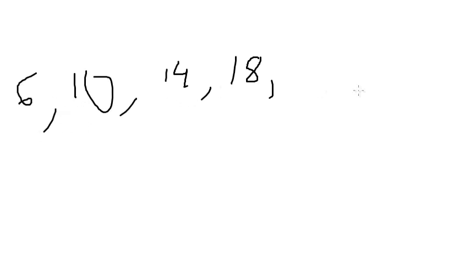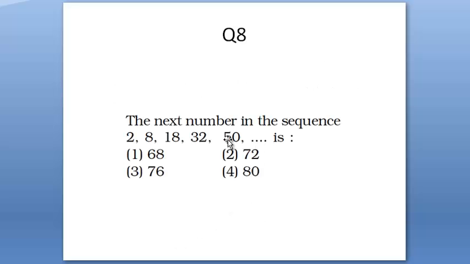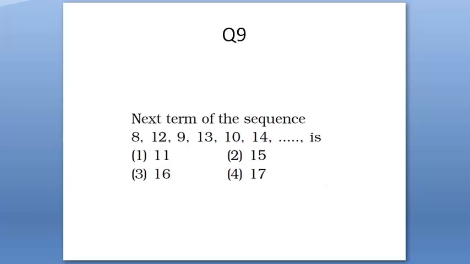So a difference of 4, and the next one will be 22 in between. So the answer should be 72. If you add 22 to 50, you get 72. Again, a very simple question.